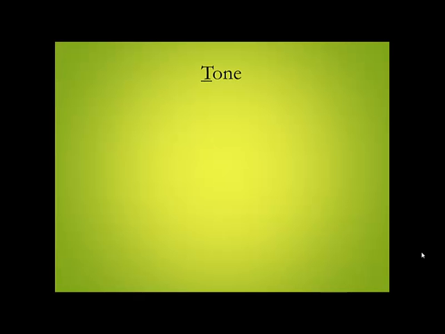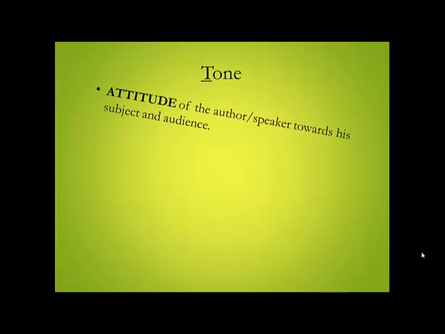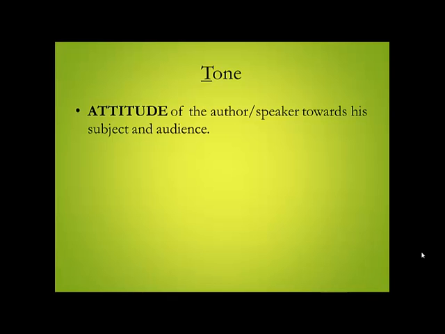The tone. Finally, the tone, again, is not the mood, but this is the way in which the author approaches his audience. It's his attitude toward them and toward the subject. If the audience needs some background information, the author may choose a didactic or educational tone. It's got to present some factual information, some background information, if you will.